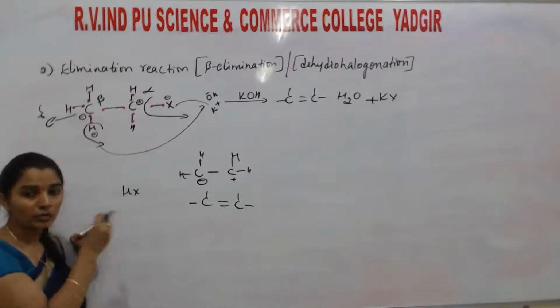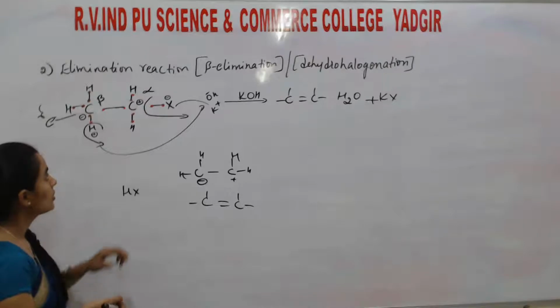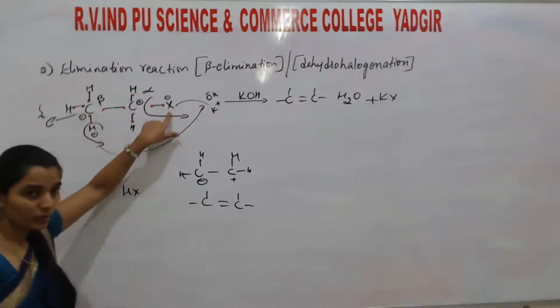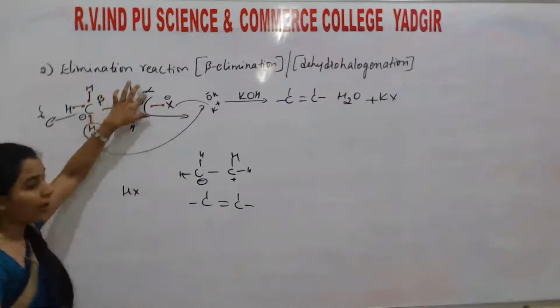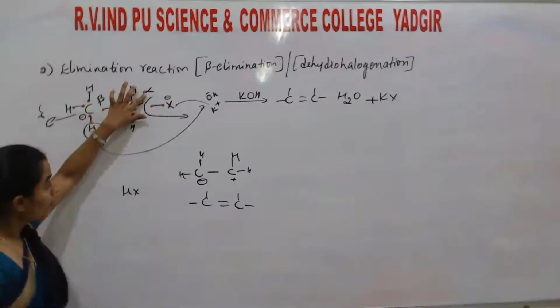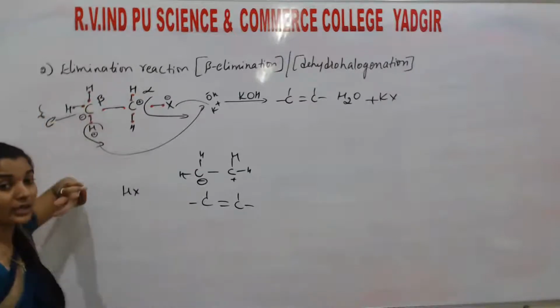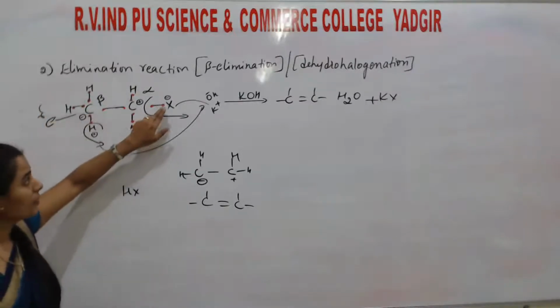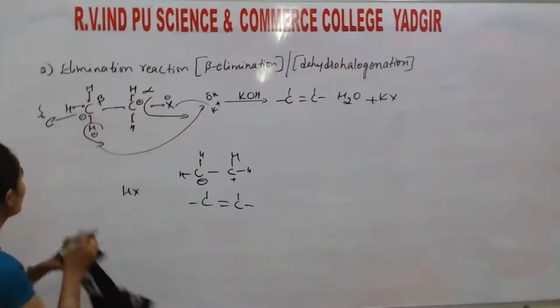We are not naming 1, 3, 4; we are naming alpha, beta, gamma, delta. Remember, from the halogen, the second carbon atom is the beta carbon.